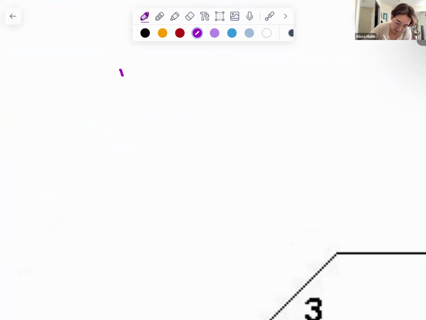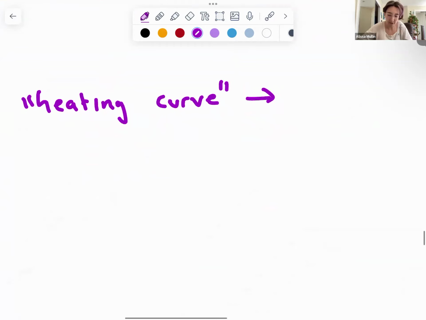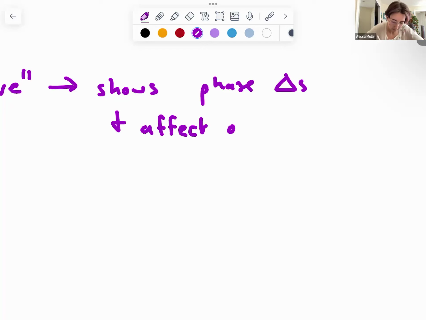The heating curve shows the phase changes and the effect of adding heat to a substance.